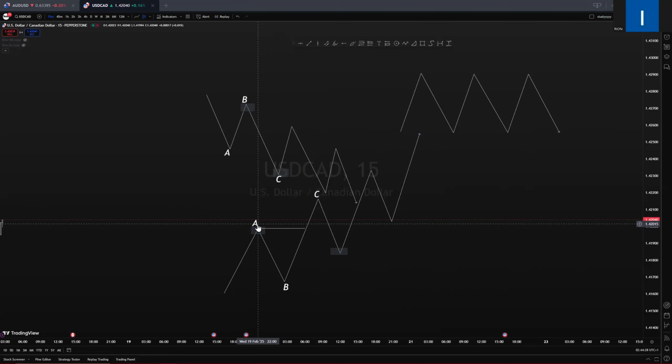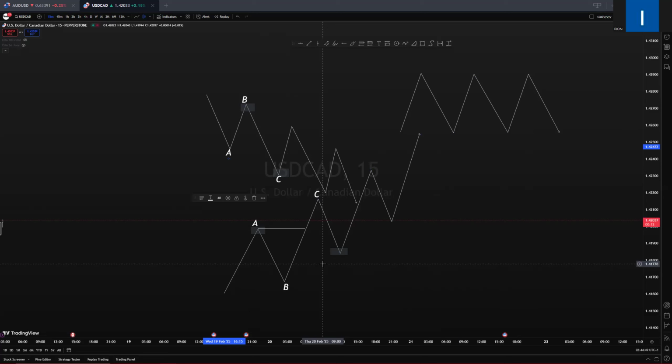So we want to go from point A, B creates point C. Similarly, in a bearish market, we want to focus more on the lower highs, because in a bearish market, we want prices to pull to the downside, while in a bullish market, we want prices to push to the upside.